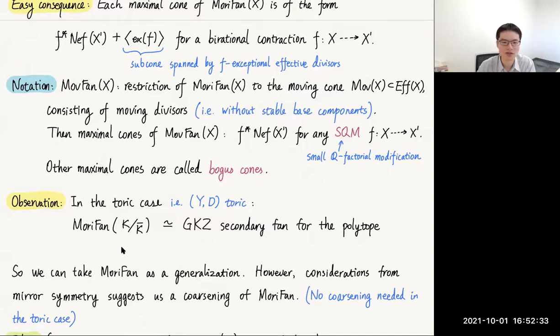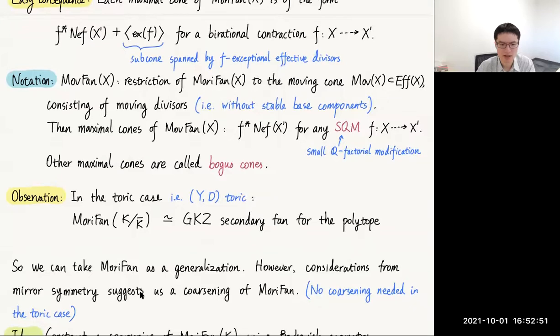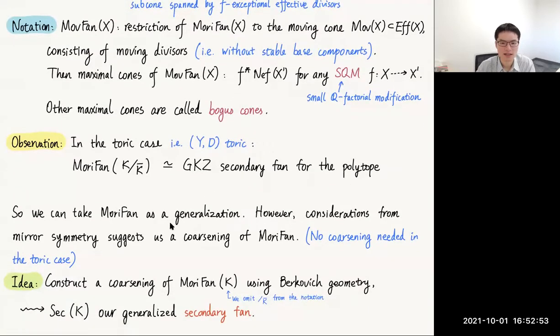But in general, we'd better not take this Mori fan, but we'd better remove something from the Mori fan. And I'll explain later why mirror symmetry is suggesting this. But now let me just say that the idea is that we want to remove some pieces from the Mori fan, and here is where Berkovich geometry comes into the picture.